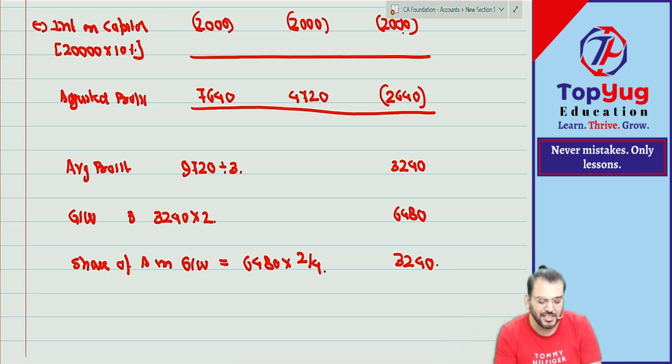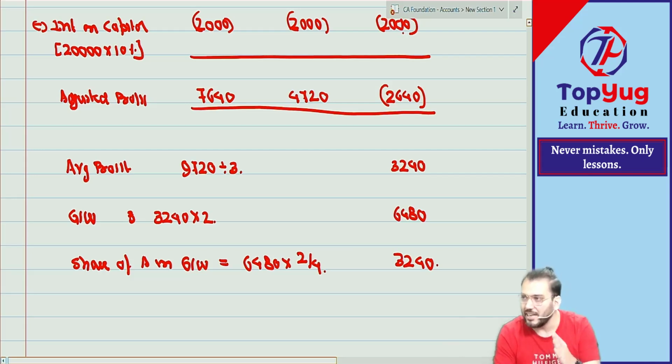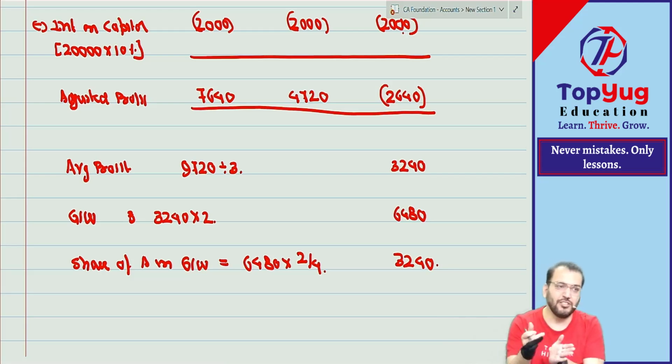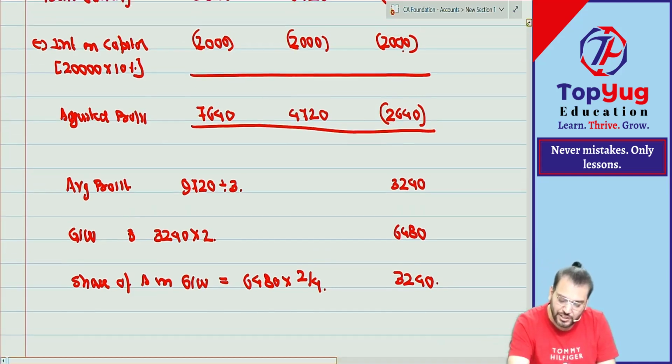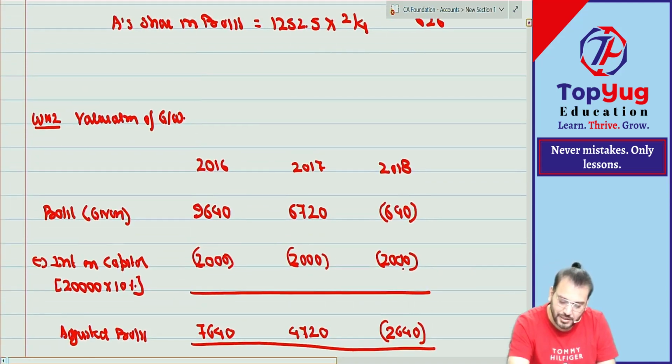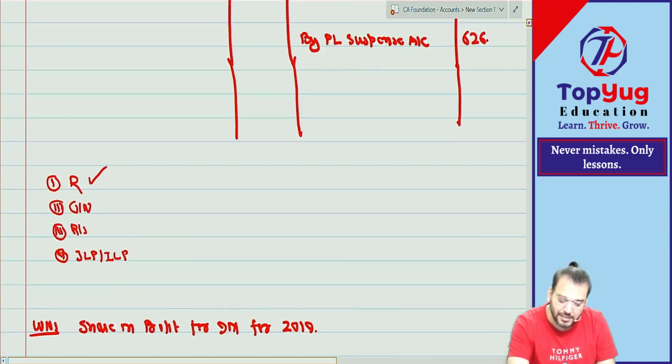So of course, can I say A is which partner, gaining or sacrificing? A is going out, sacrificing, so he will be credited. So what journal entry will we do? B and C's capital account debit to A. So we can pass that journal entry. Correct, na? A will be credited.